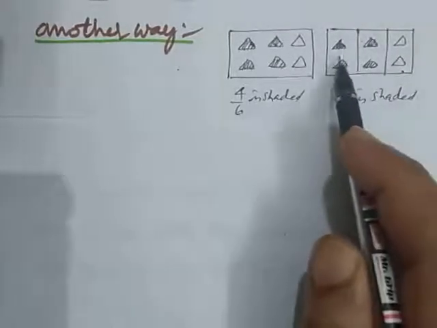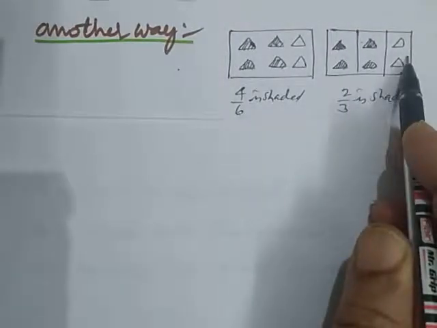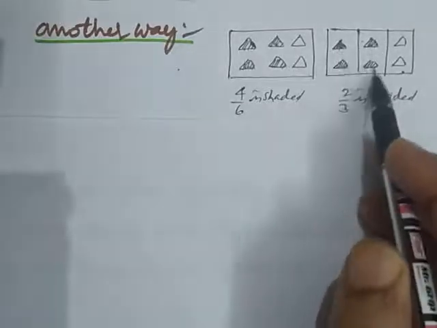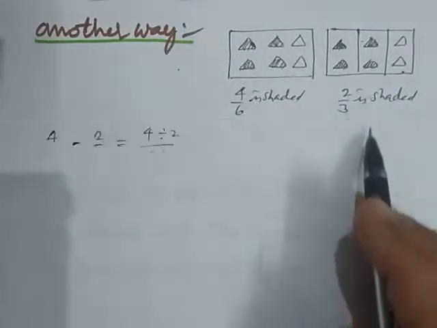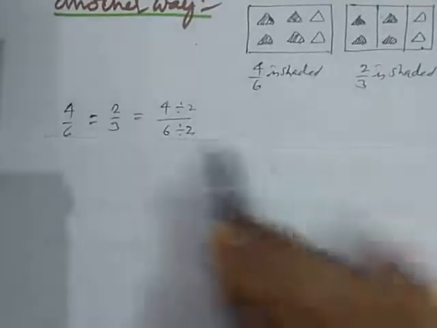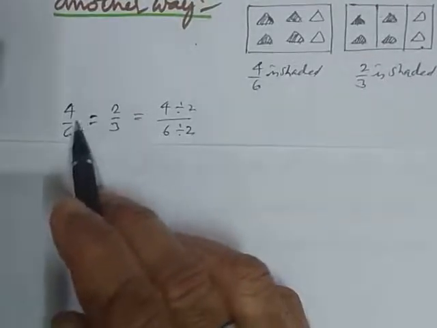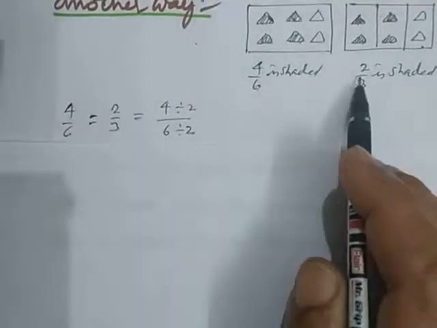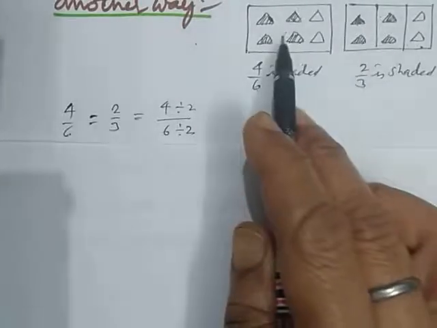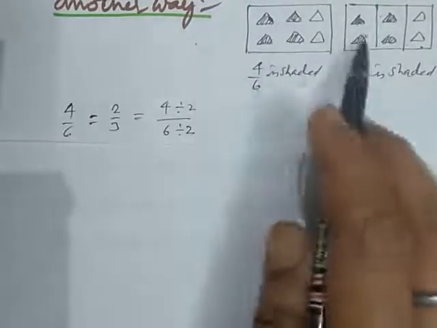Here there are 3 columns. We shade 2 columns. So this is 2 by 3. Okay, so what do we have to do? We have 4 by 6 and this is 2 by 3, both are the same. If we put the pictorial views one over another, they are equal.